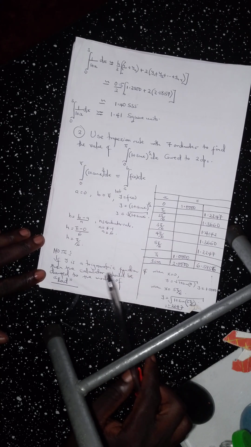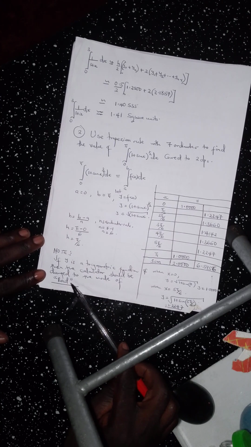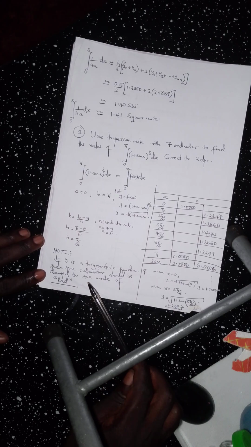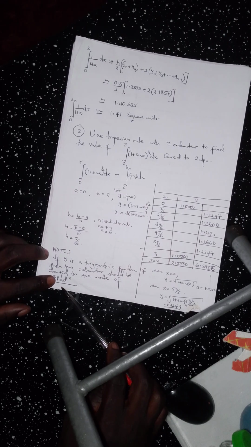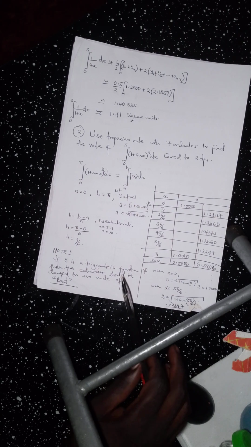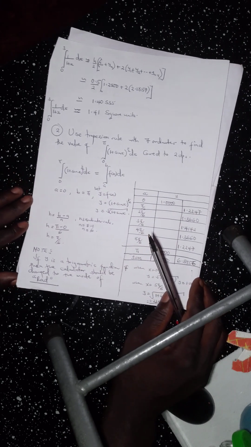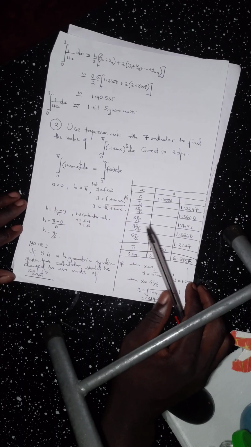So you press the mode button on your scientific calculator until you see this word rad. When it surfaces on the screen, you press the digit below it, and the calculator will definitely go to the mode of radians, and then you calculate accordingly.